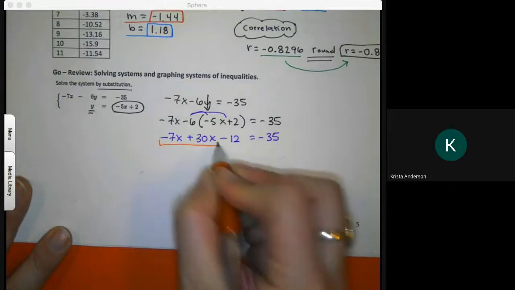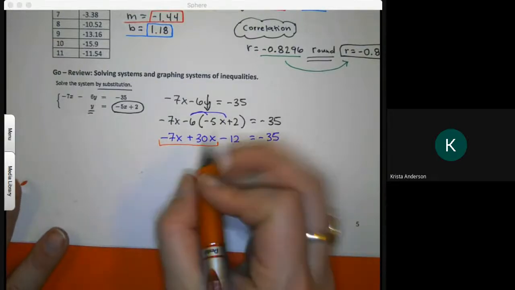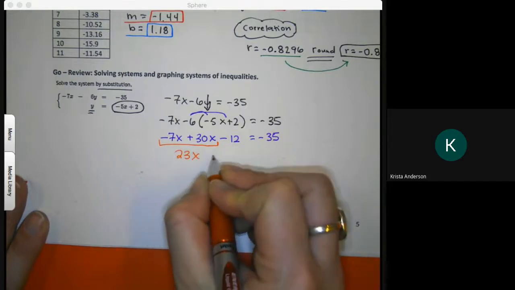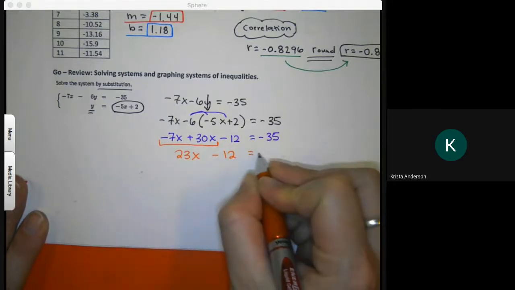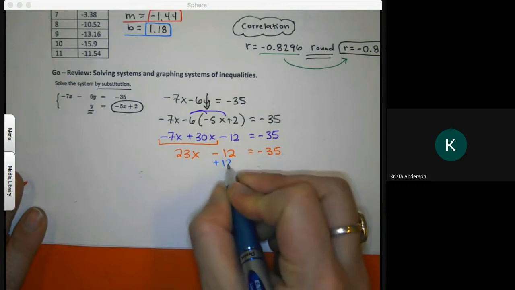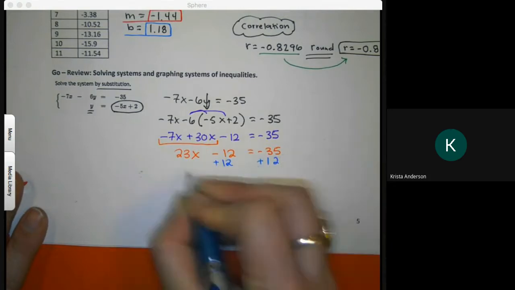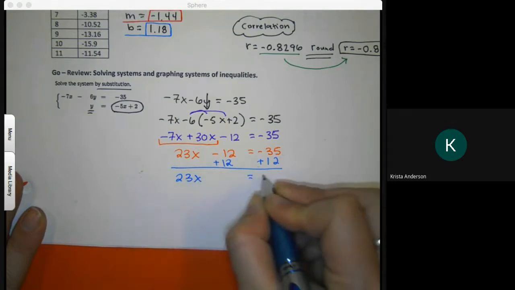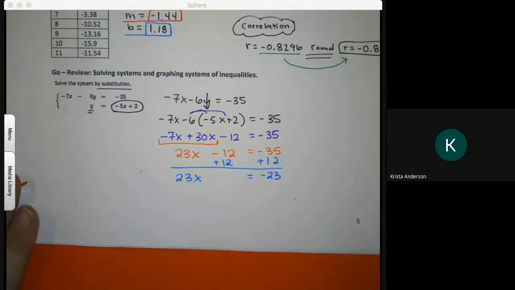Combine. 30 minus 7 is 23x. Add 12. That's negative 23.